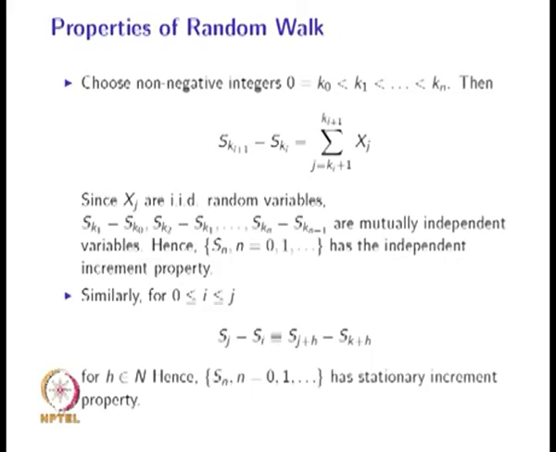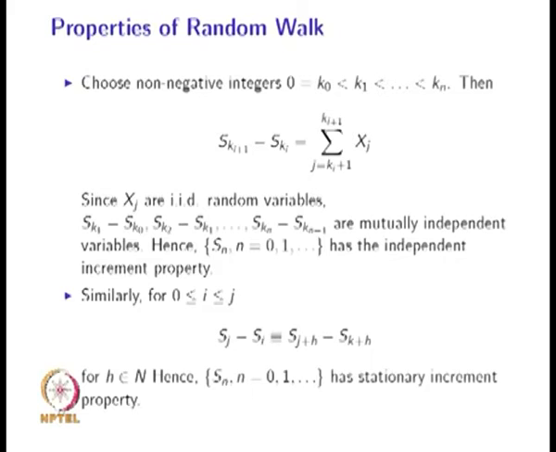Similarly, for 0 less than or equal to i less than or equal to j, Sj minus Si is identically distributed with S(j plus h) minus S(i plus h) for h belonging to natural numbers. Hence, the stochastic process Sn has a stationary increment property.